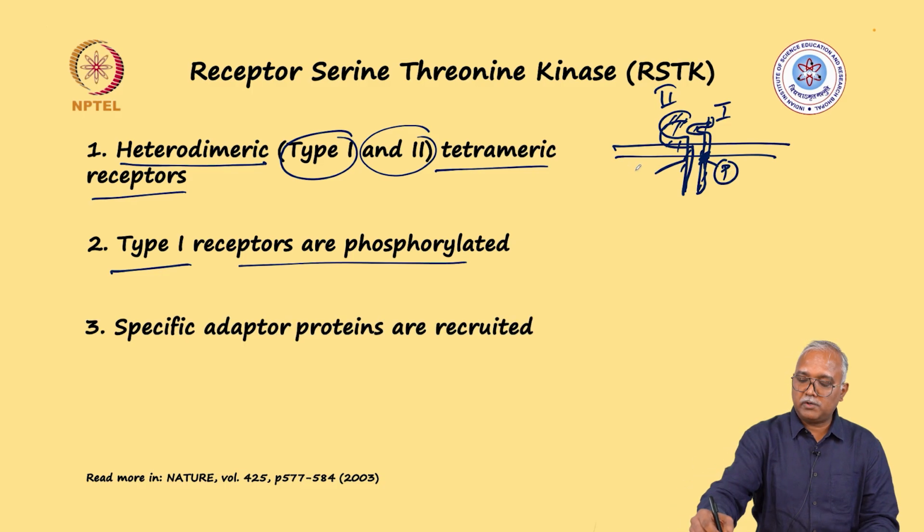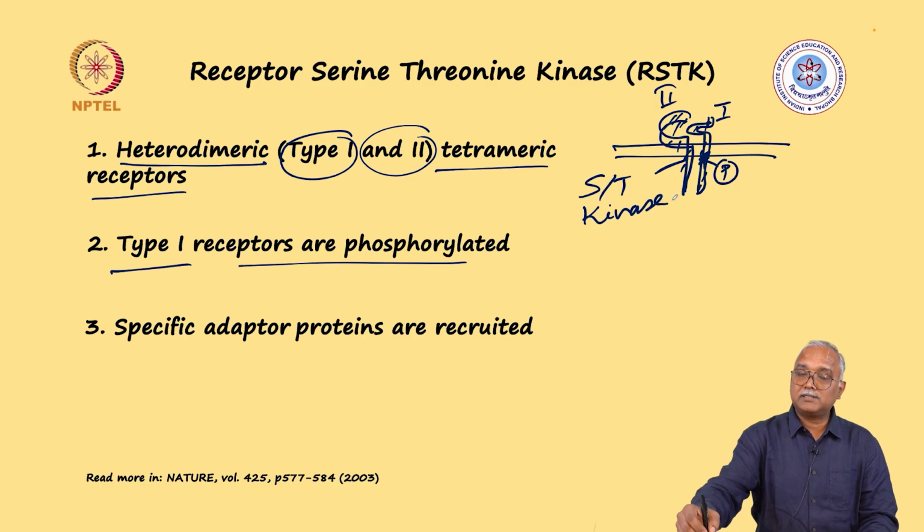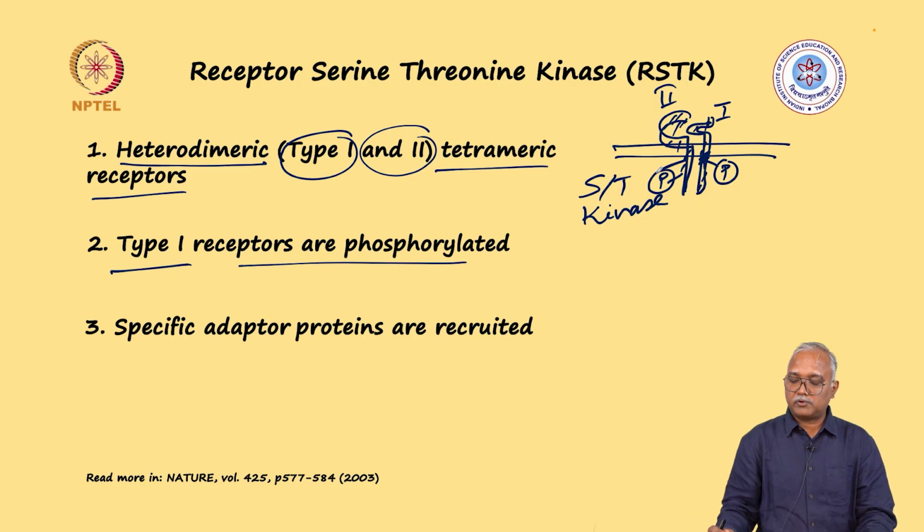So serine-threonine kinase activity is present in the type 2 receptor, which is ensuring that not only type 1 receptor is phosphorylated, even the type 2 receptor itself is phosphorylated, which we call autophosphorylation.